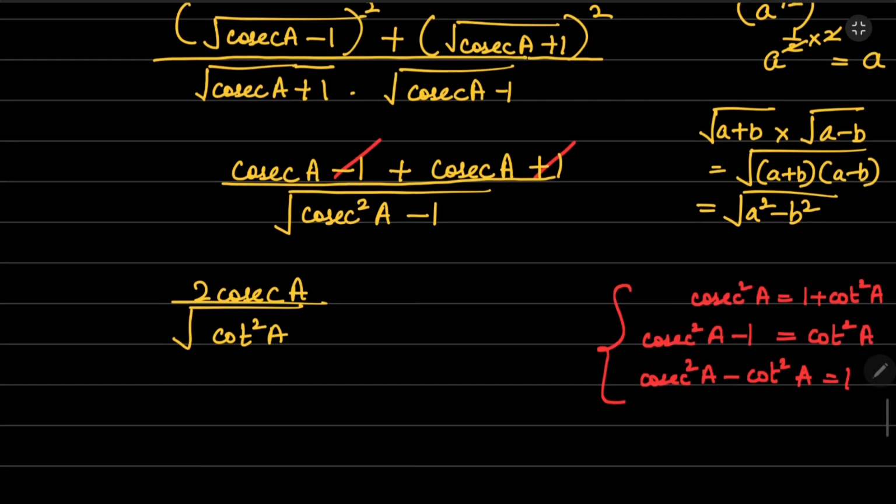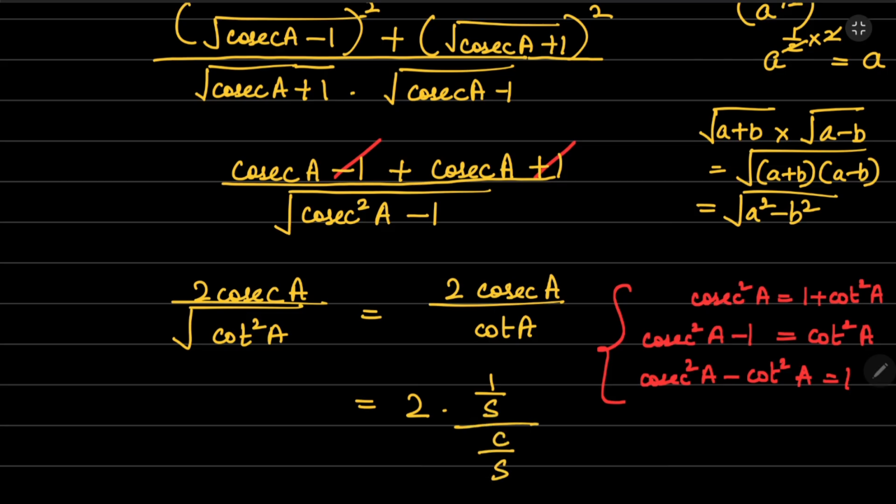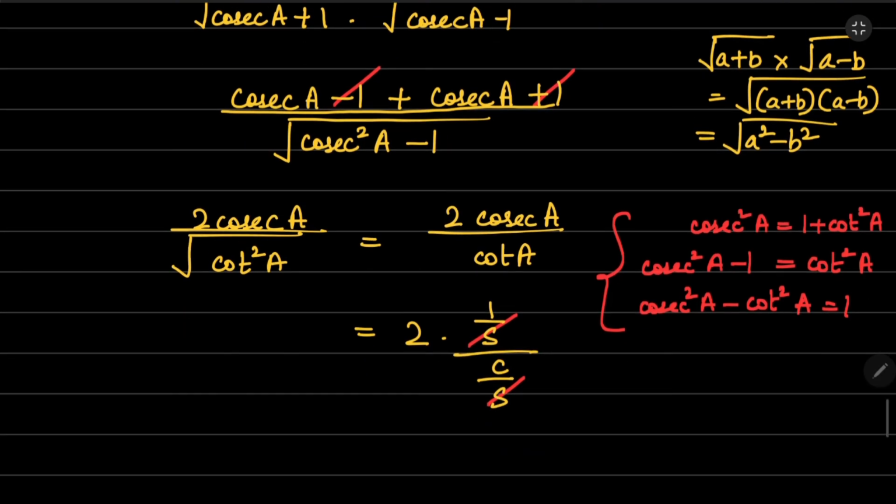Now again, the numerator would be 2 cosecant a divided by, what is square root of cot square a? It's just cot a. Okay, so this is nothing but 2 multiplied by 1 by sine divided by cos by sine. Okay, so this denominator sine will get cancelled.